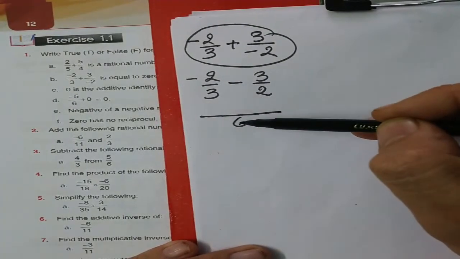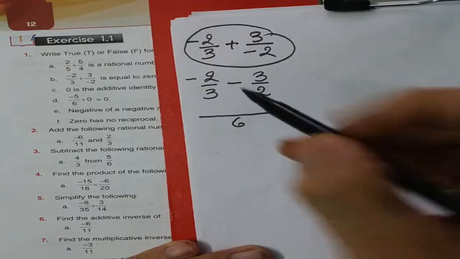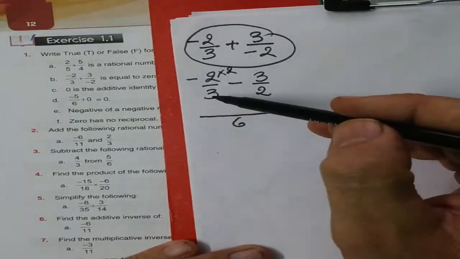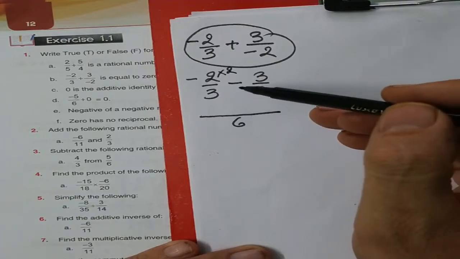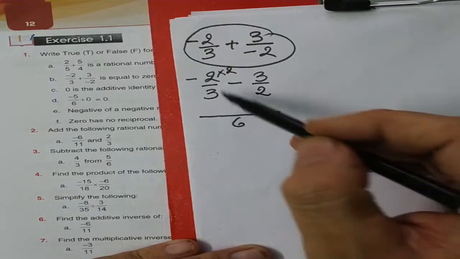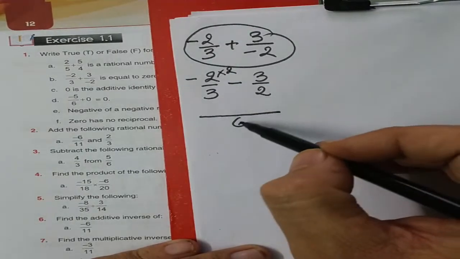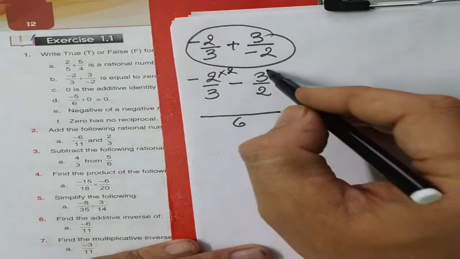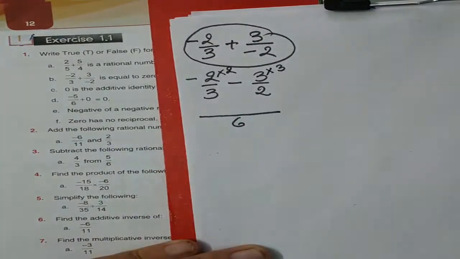So since the LCM is 6, now what will it become? 3 will divide 6, 3 will go 2 times. So you should write it in this way in your mind. 3 will divide 6 2 times, and 2 will divide 6, 3 times, so 3 will go in the numerator.